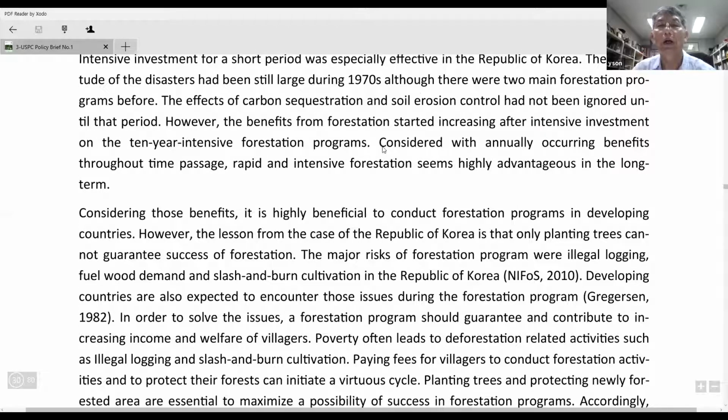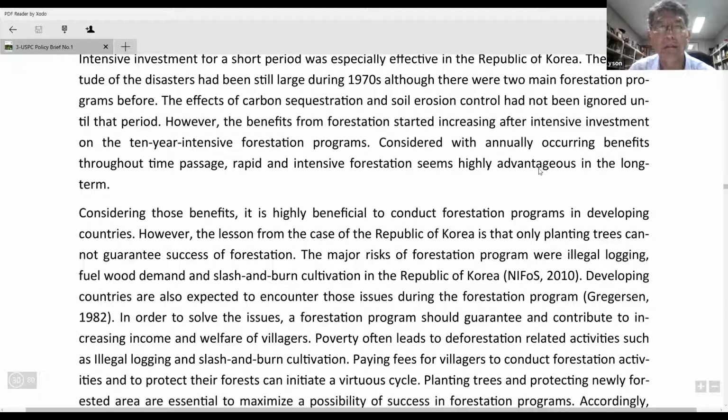Here again, considering the annually occurring benefit throughout time passage, rapid and intensive forestation seems highly advantageous in the long term. So I stressed many times, if you do reforestation, invest money intensively, rapidly. Rapid and intensive reforestation would be highly advantageous in the long term.